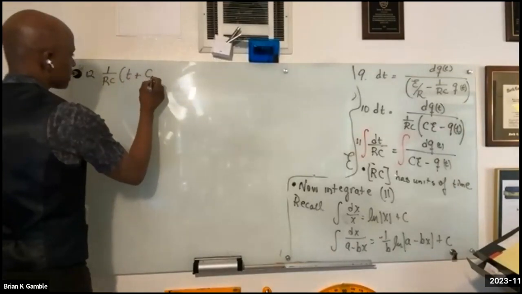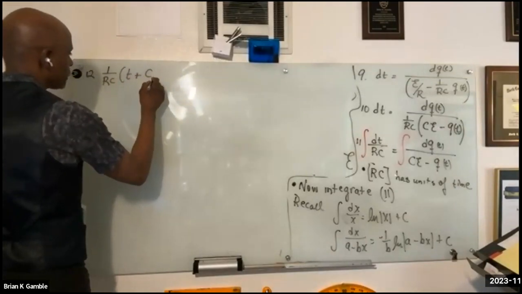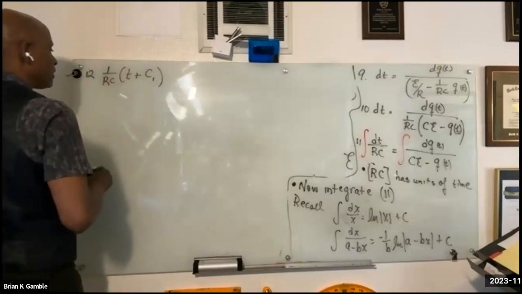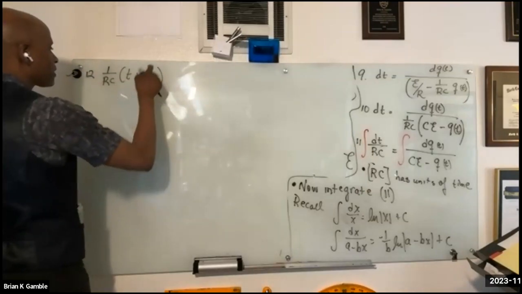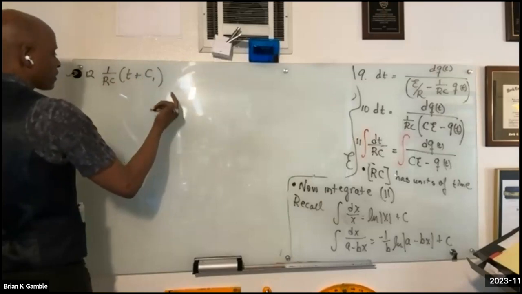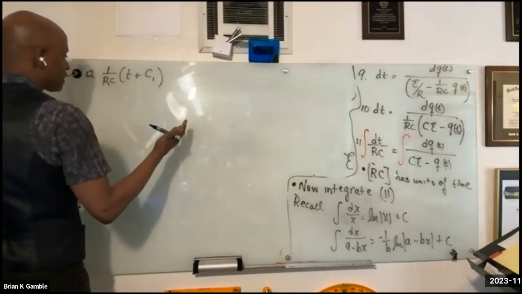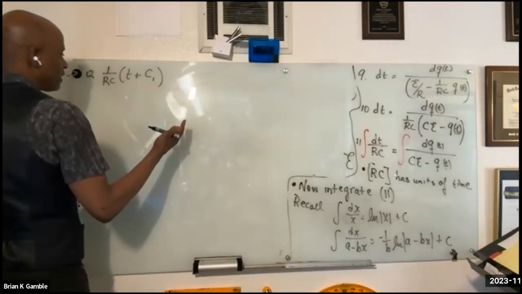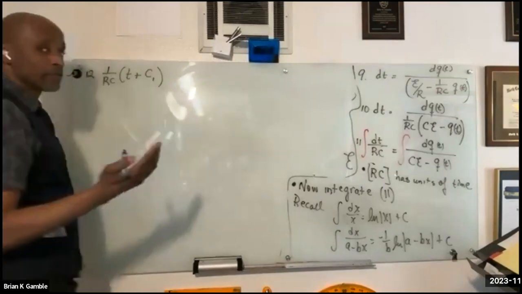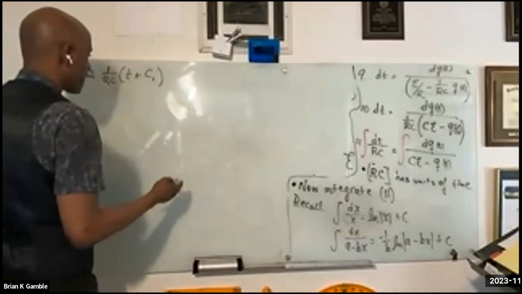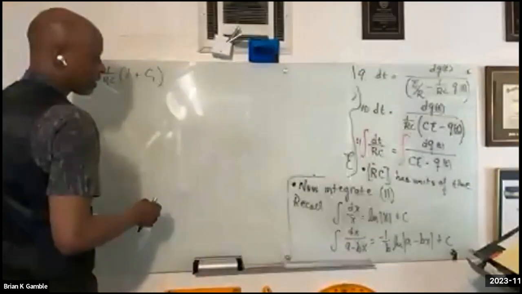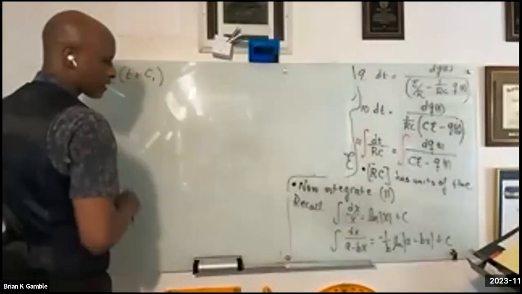I'm going to call it constant 1. But when I multiply through by RC, I'm going to have T over RC plus C1 over RC, which is also just a constant. So I could just write that as a constant. People do that. I don't have to write the C1 over RC because it's all just a constant.